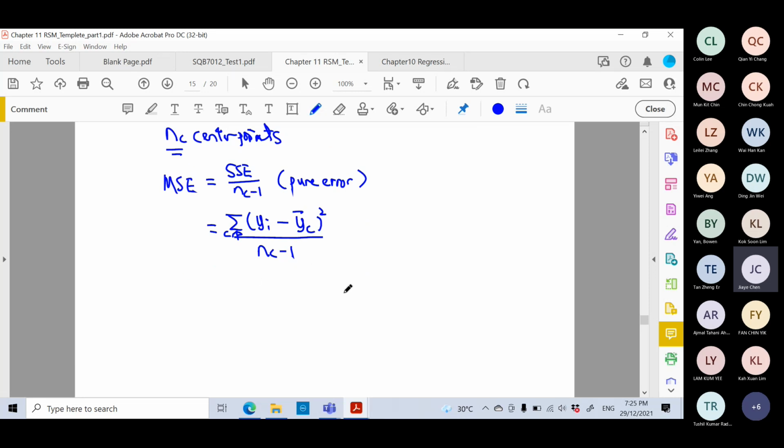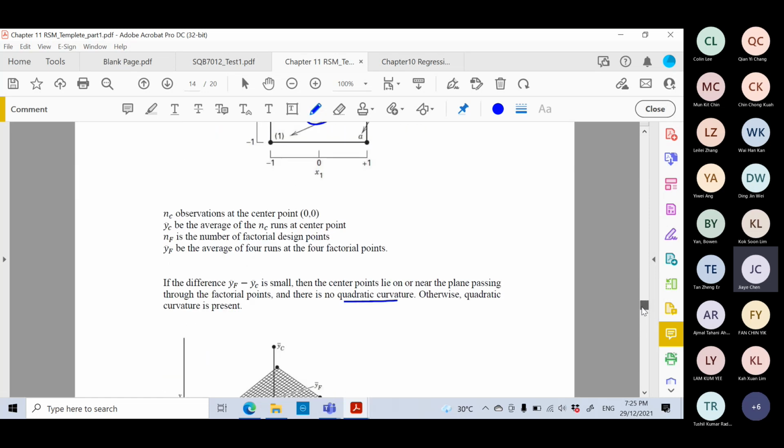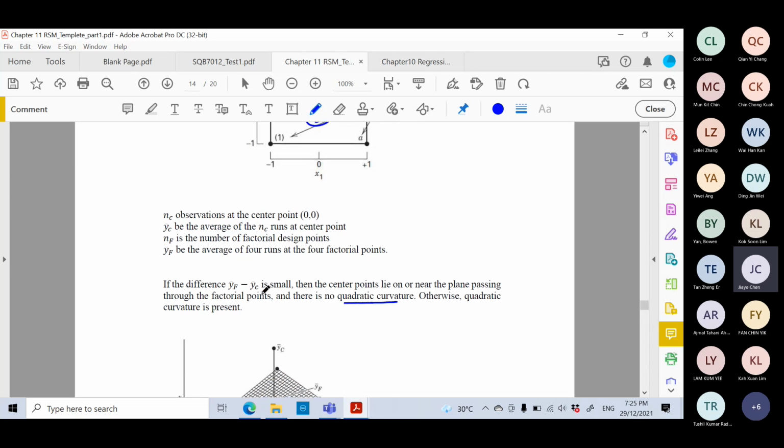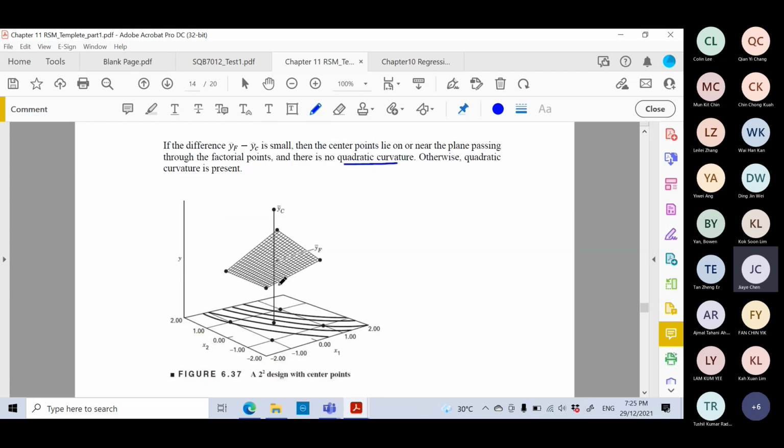So how can you obtain the formula from the above? Let me show it to you. If you recall what we had, suppose I want to test whether the difference between ȳF and ȳC is small or large. Then we can test the following.